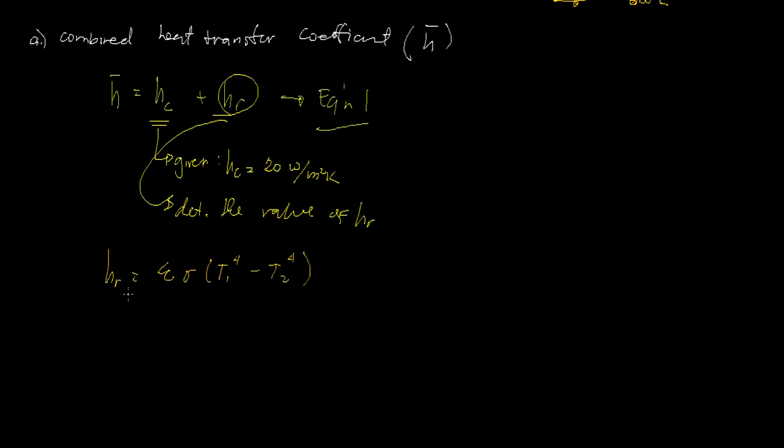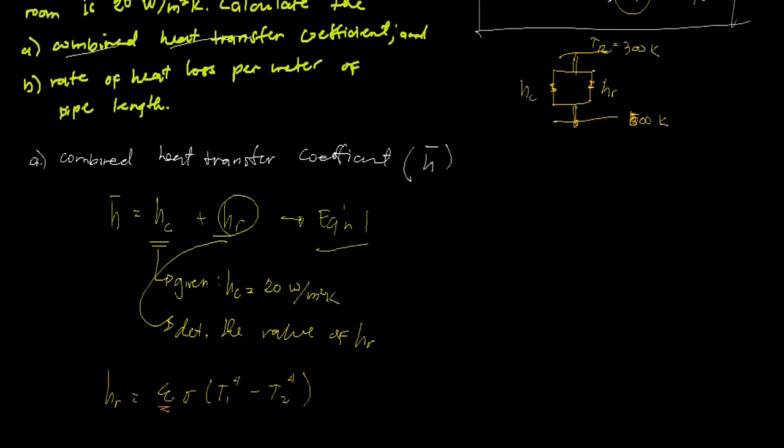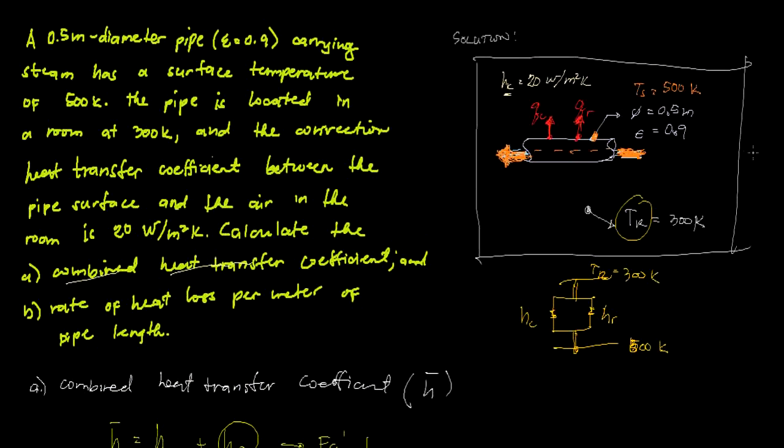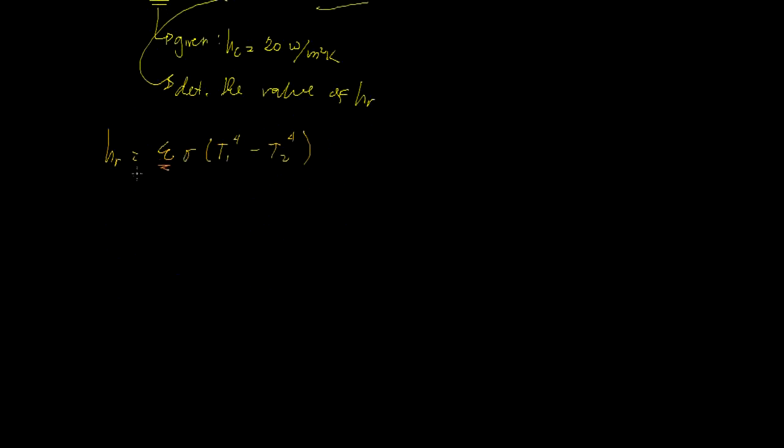Okay, so we have the value of this emissivity. The pipe emissivity is 0.9, so we can substitute it here.